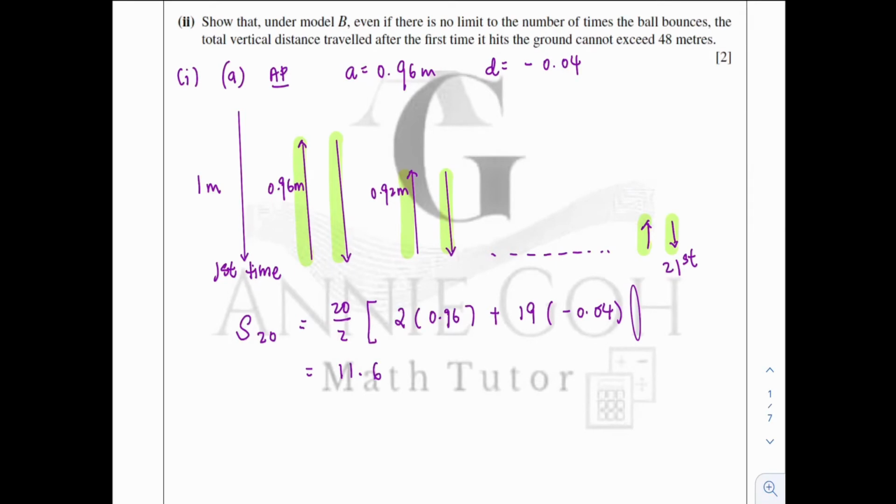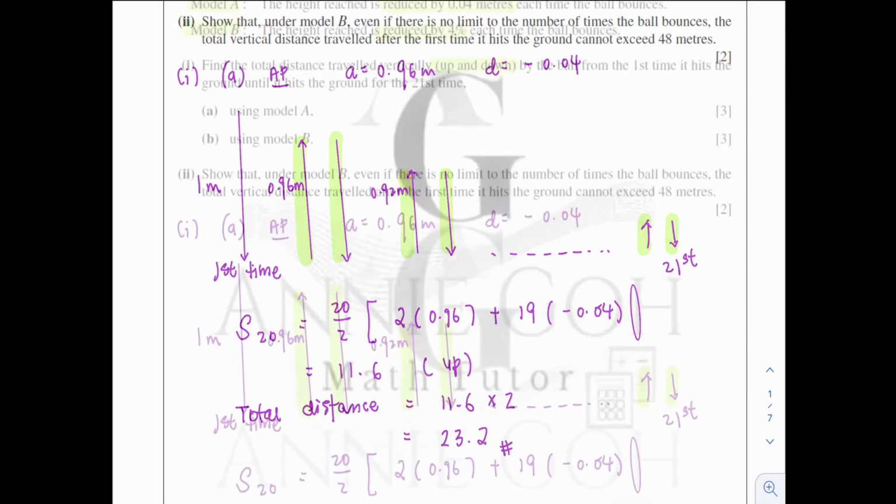But this is just for the upwards. The question is asking for both up and down. Therefore, the total distance traveled will be just 11.6 times 2, because up and down actually travel the same distance. That gives you the final answer of 23.2. That's how we do for model A.